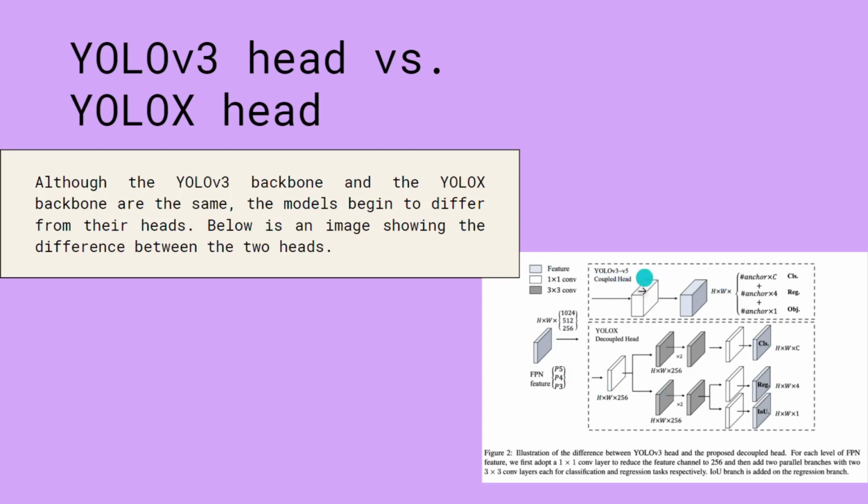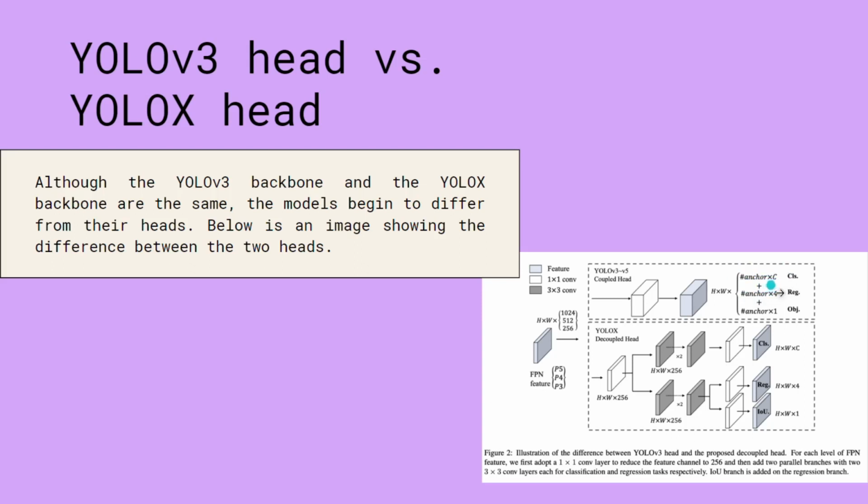coupled head method. And as we can see, if this is the output from one of those outputs that we have seen in the previous slide, we can divide them into height times width, which is going to represent the spatial information. And channel-wise, we have the number of anchors multiplied by the class. These are the class scores.